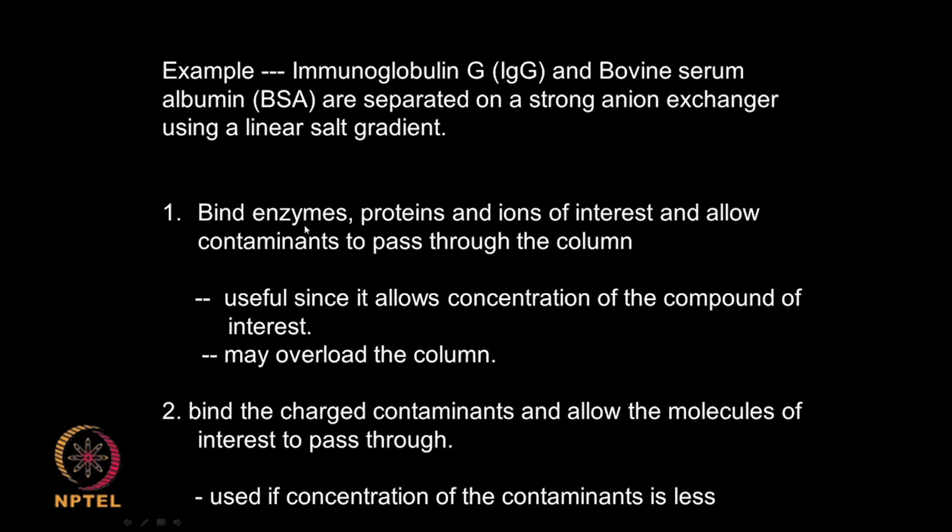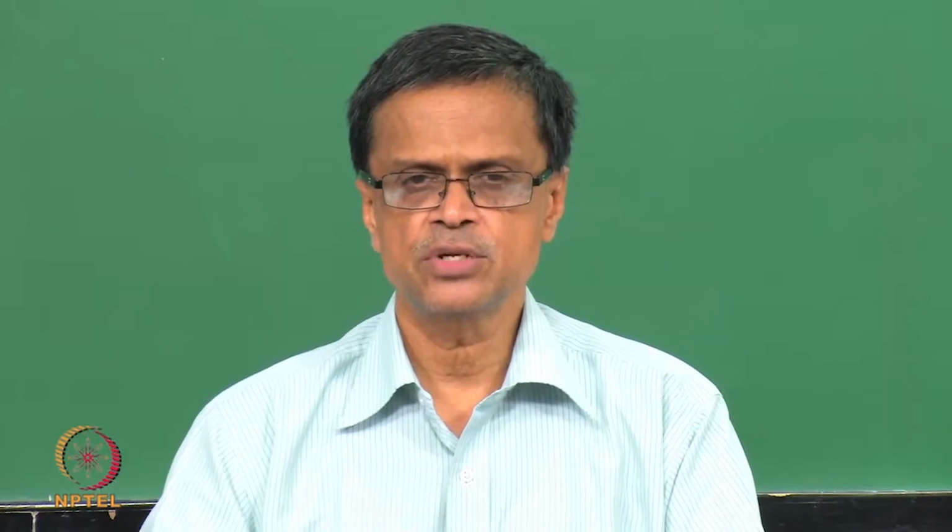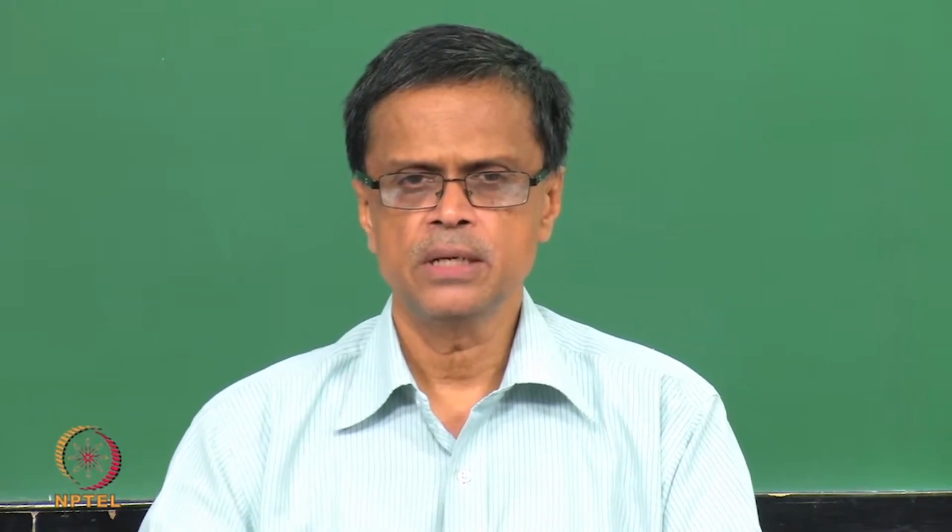We can bind enzymes, proteins and ions of interest and allow contaminants to pass through. The other approach is to bind the charged contaminants and allow the molecules of interest to pass through. Depending upon the concentration of the impurity, we can do both. If the impurity concentration is very little, we can try to capture them and allow the product to pass through, and vice versa.